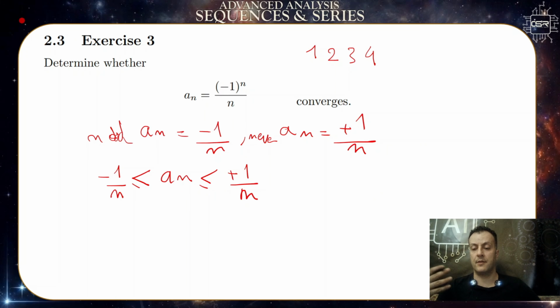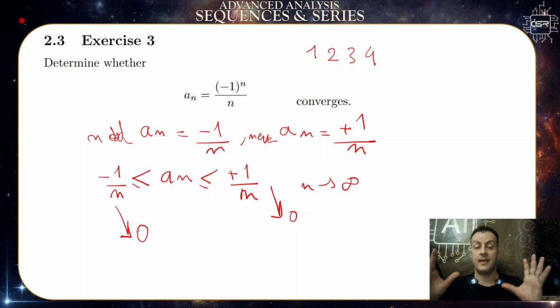So the squeeze theorem postulates the following: since minus 1 over n approaches 0 as n approaches infinity, the same way that plus 1 over n approaches 0 as n approaches infinity, and having a_n between these two bounds, a_n is squeezed between these two limits and both approach 0.